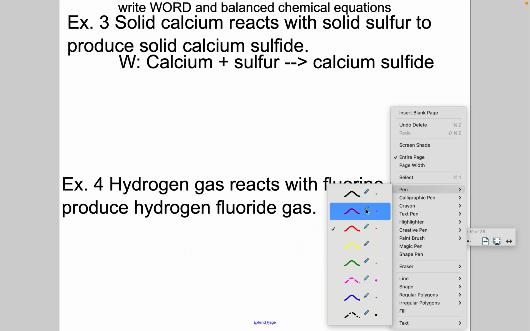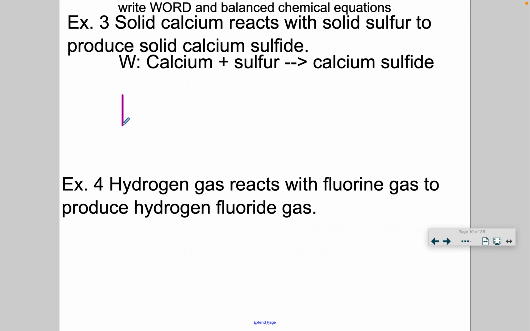So I'm going to get a pen. Solid calcium, so Ca. And it says solid, so I'm going to put S in parentheses. Reacts with solid sulfur. Symbol for sulfur is S. It is also solid. Produces calcium sulfide. So the charge on calcium is a +2. What's the charge of sulfur? -2, so it's just one of each.